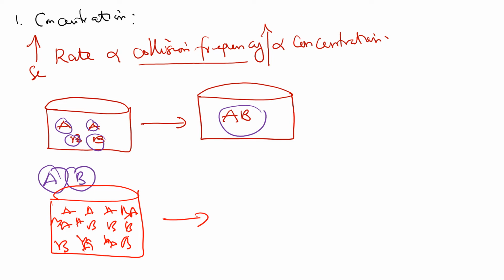You're going to have more collision. You're going to have A and B colliding more. They're going to have more of that collision that we need. So this is going to collide with that.